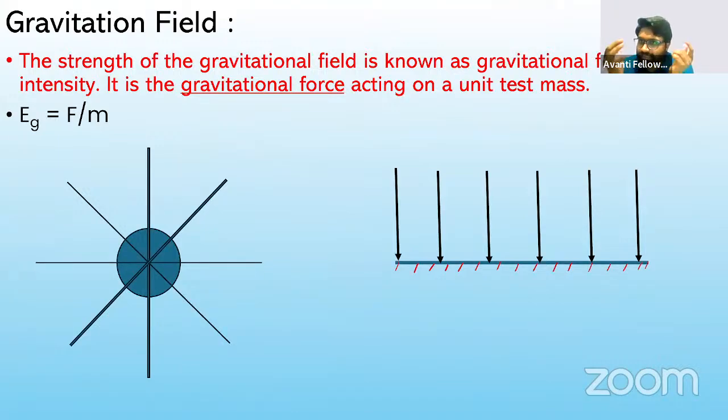If you charge a fine for two villages, for one village you have charged 1000 rupees for each person, and for the second village you have charged 5000 rupees for one person. These commands that you are giving according to your power are the gravitational field. So the gravitational field is nothing but the command of the gravitational force.